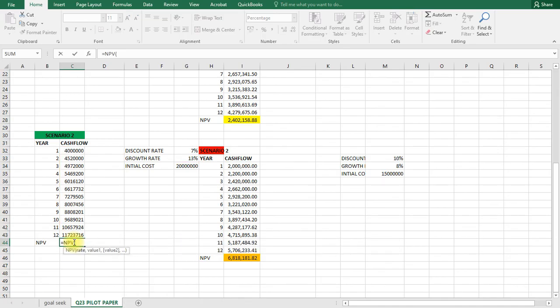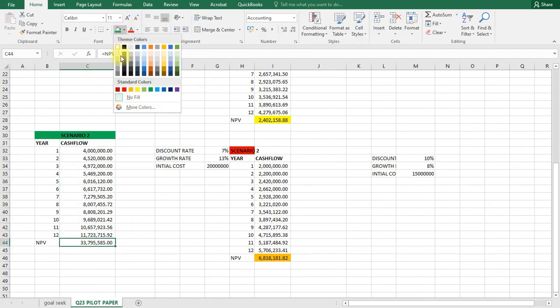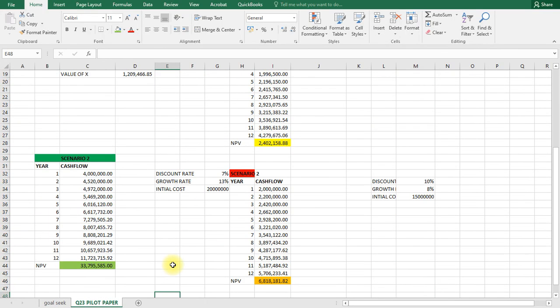I'll tab that, my rate is 7, our cash flow, I close that, and I minus the initial cost, should be 20 in this case. We change that from percentage into a number, and I use a 1000 separator for it to look good. Use a different color to illustrate that. Yeah, that way. Those are how you find the NPV for the 3 scenarios: scenario 1, scenario 2, and scenario 3.